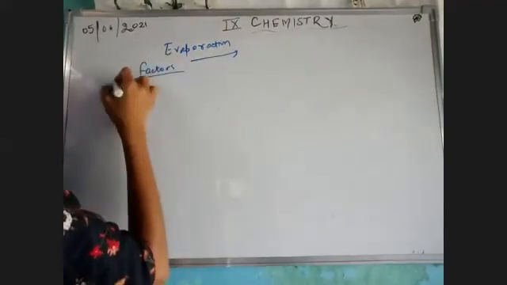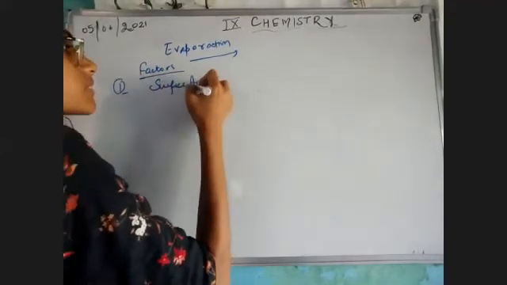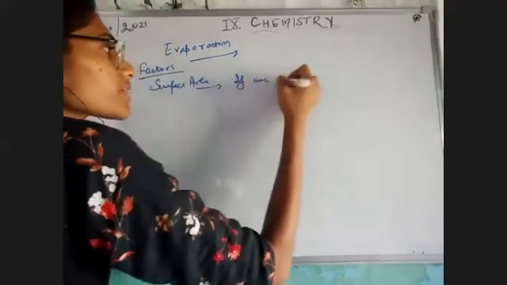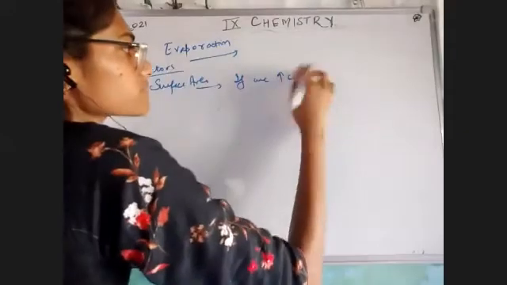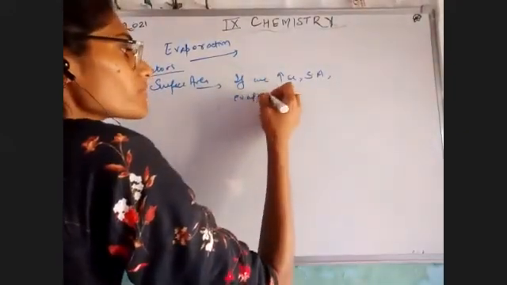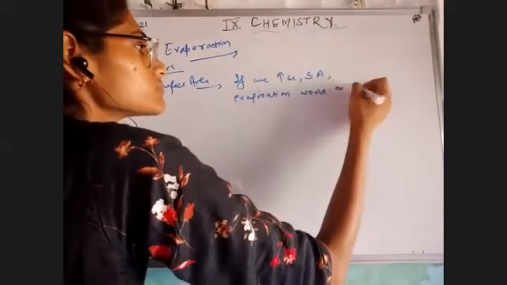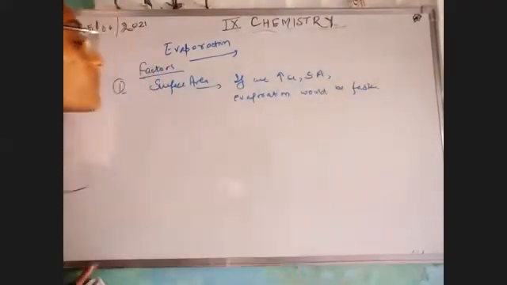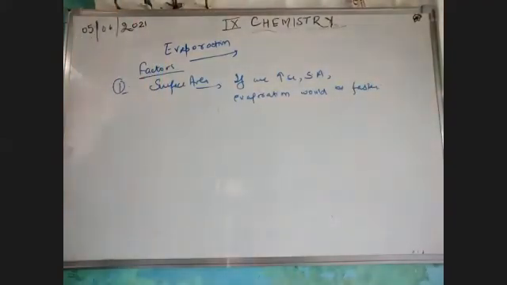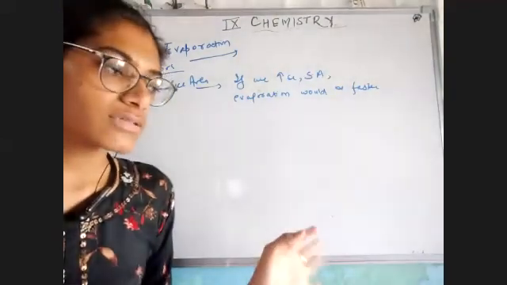The very first point is surface area. If we increase the surface area, evaporation would be increased. Evaporation would be faster. For example, you have seen, bache, whenever we need to dry our clothes, we just spread them.